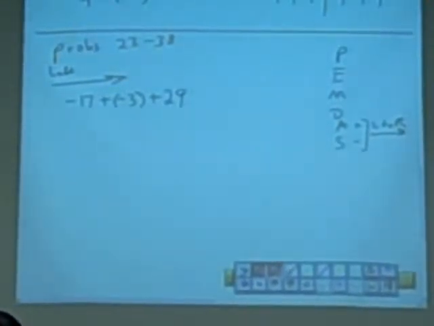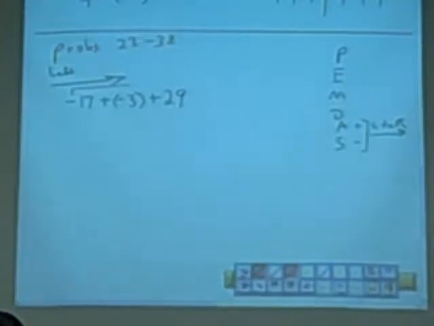So what we want to do here is take two numbers at a time. Negative 17 and a negative 3. Are we adding or subtracting here? We're adding negatives, right? So negative 17 and negative 3 is going to give us a negative 20.